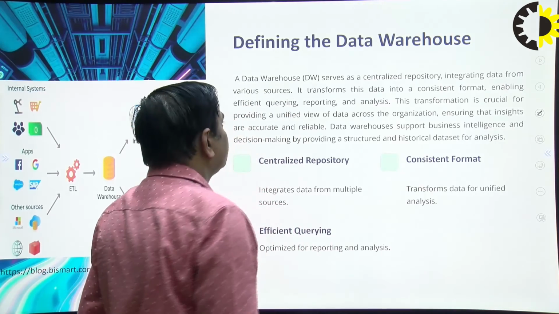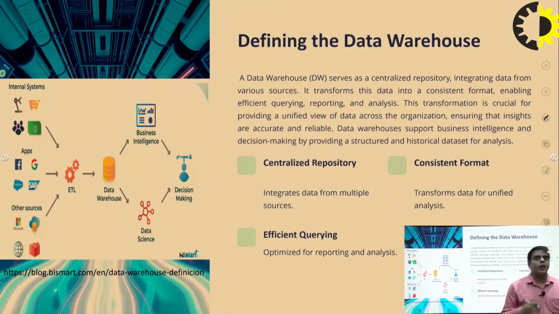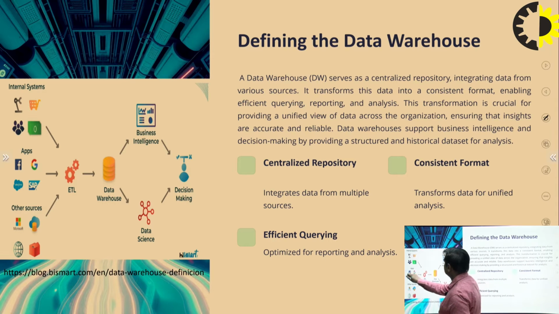What does it mean? For data warehousing, the data is coming from different sources, as you can see in the figure. Data may come from internal sources, different apps, or other sources.